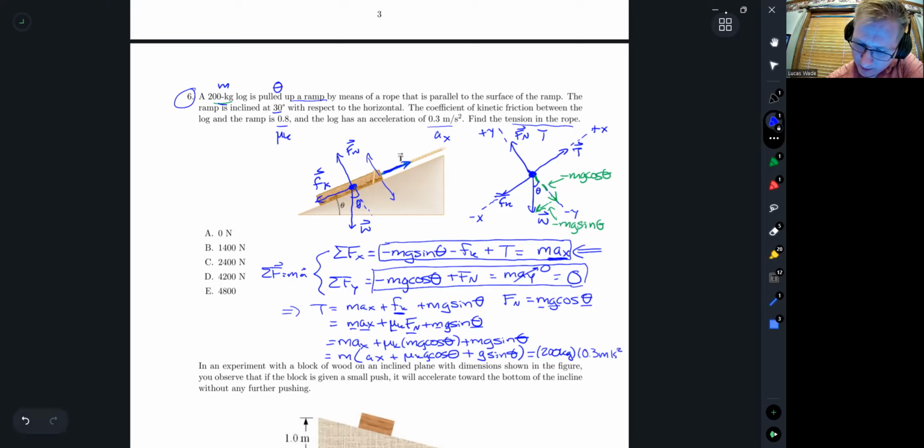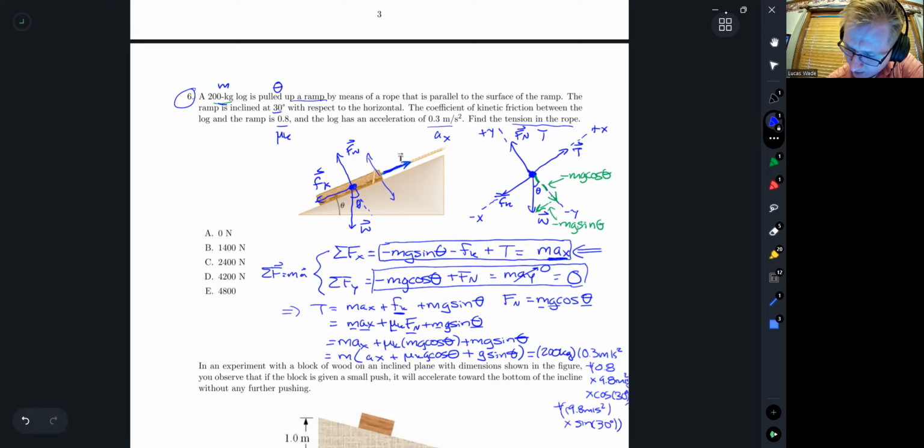0.3 meters per second squared plus 0.8 times 9.8 meters per second squared times cosine 30. So add all of that up, and then plus 9.8 meters per second squared times sine of 30.